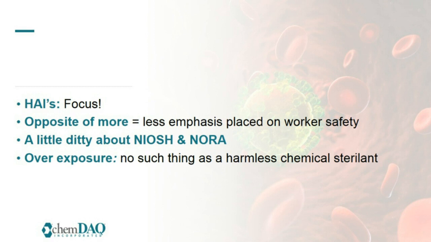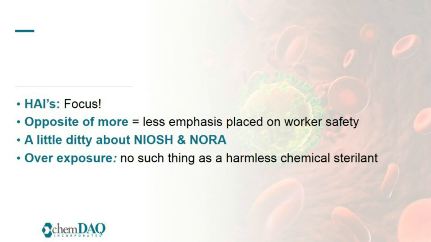And both of them say that healthcare workers are at an increased risk of many types of adverse health effects from these low temperature sterilants. For example, cancer, adverse reproductive outcomes, work-related asthma and dermatitis. And they also go on to say that overexposure to them is a big issue, and there's no such thing as a harmless chemical sterilant.